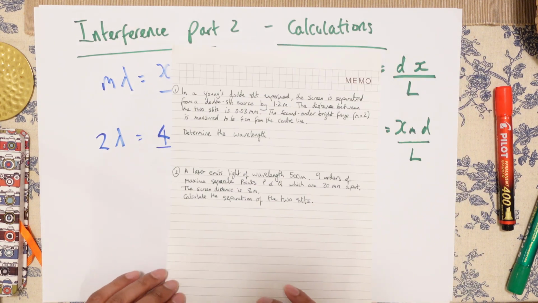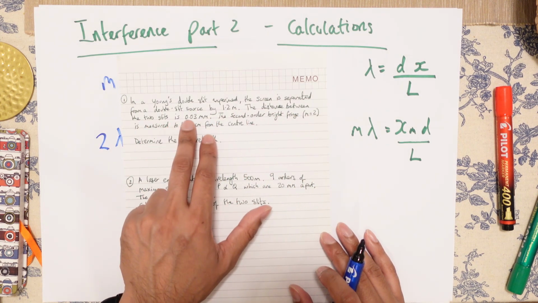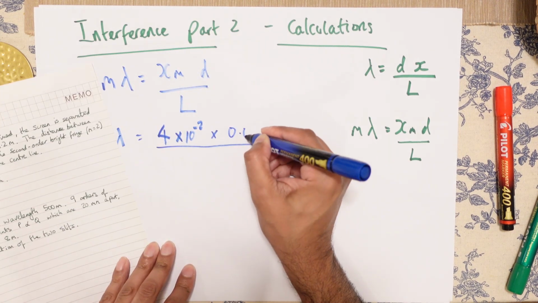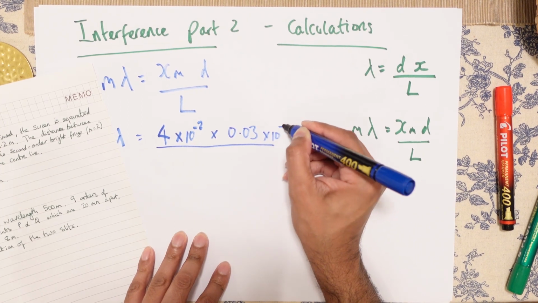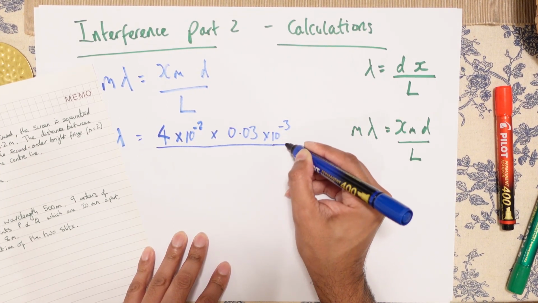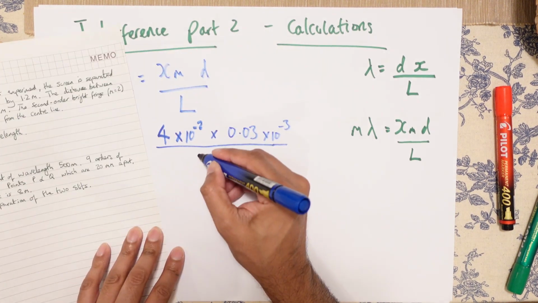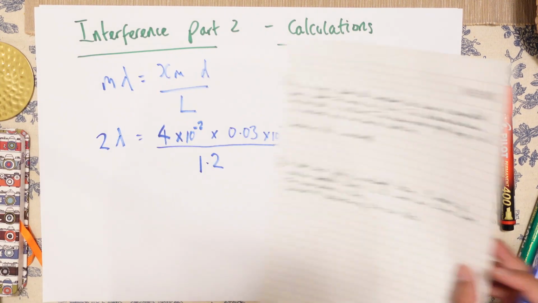So d is the distance between the slits, and here it says distance between the two slits is 0.03 millimeters. So you have 0.03, and then since it's millimeters, it's times 10 to the minus 3, like so. And then L is the screen distance from the slits, and that's 1.2. I don't need to add anything because it's already in meters.